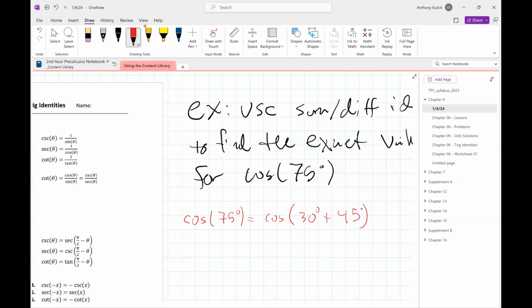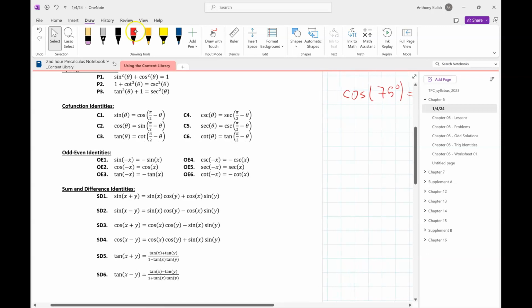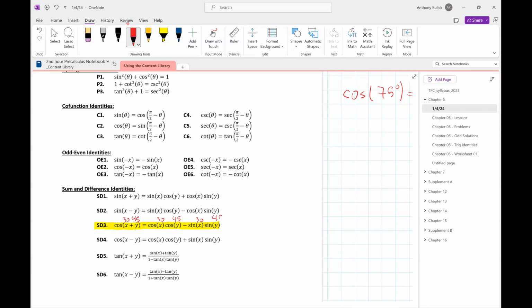Now what I'm going to do is go to my angle sum or difference formula for cosine on my identity sheet, which is that right there. So this is going to tell me that if x is 30 and y is 45, then I'm just going to be plugging those into my formula, right?